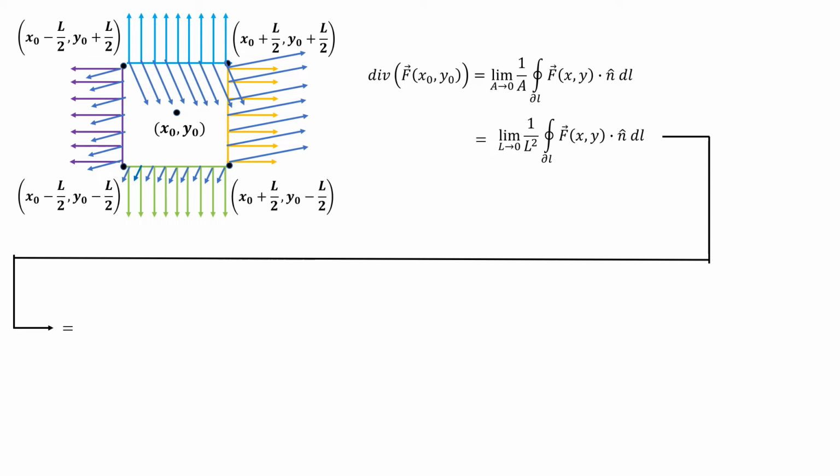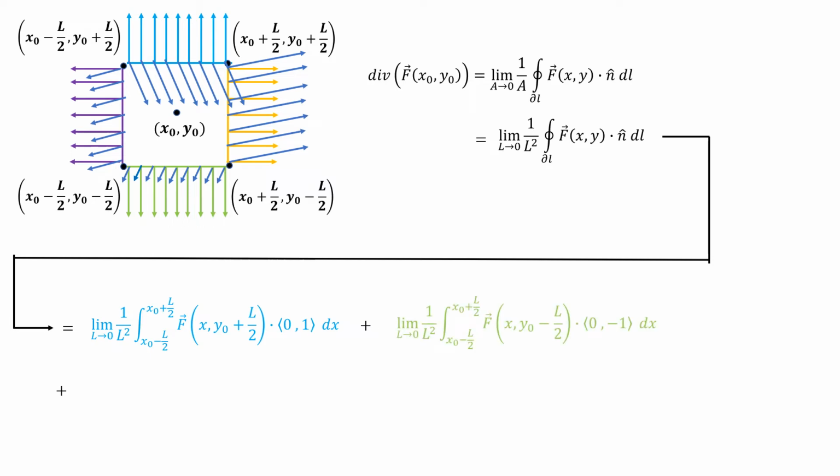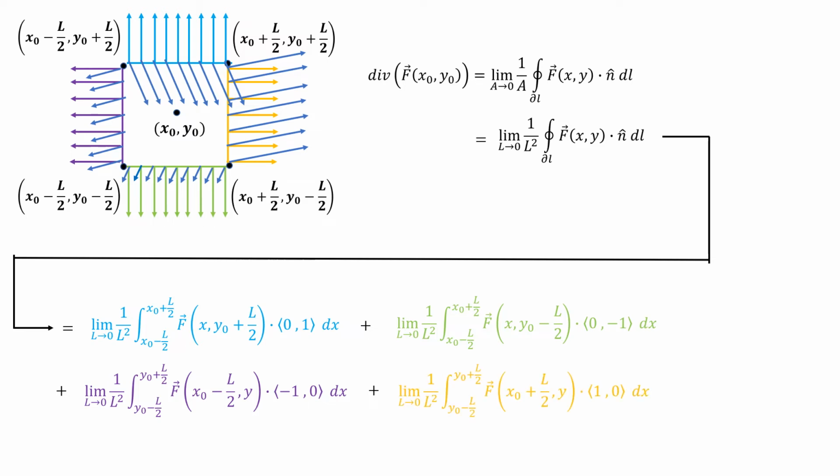An integral is just the sum of an infinite number of differentials, and we are summing differentials around our square surface. Thus, we can group this sum into 4 terms: the flux across the top bound of the square divided by the area of the square, the flux across the bottom bound divided by the area, the flux across the left bound divided by the area, and the flux across the right bound divided by the area.